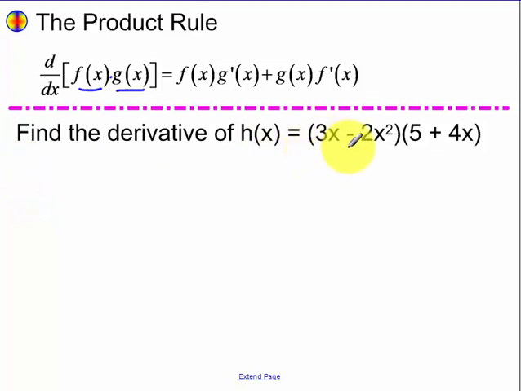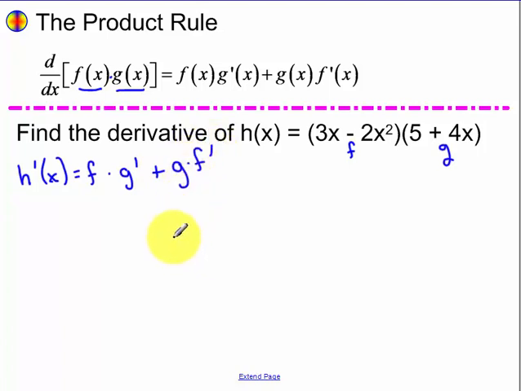So okay, if you look at this is f, and this is g of our function, derivative of h of x. Okay, so h prime of x is equal to the first times the derivative of the second, plus, leaving the second alone, derivative of the first.